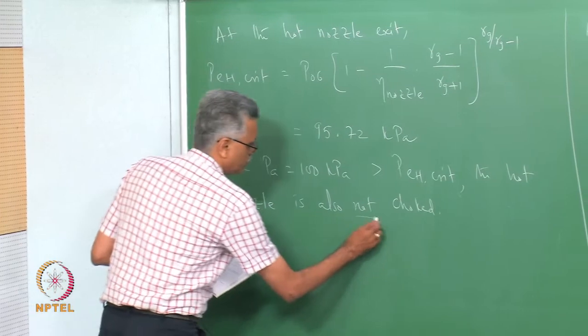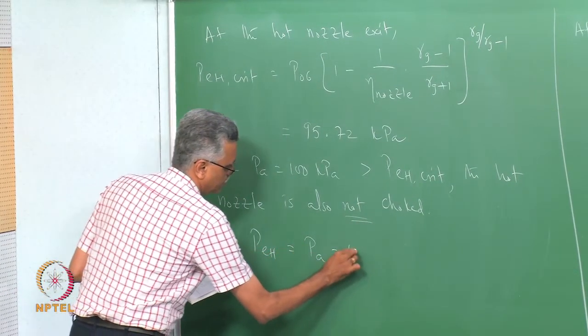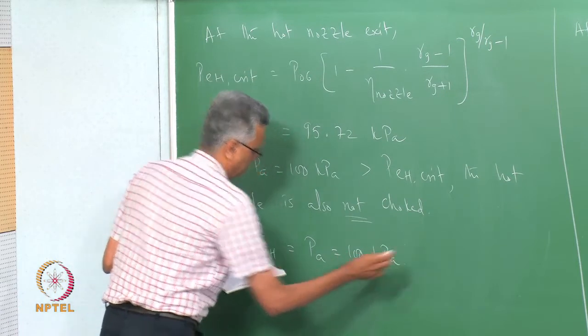Therefore, PEH is equal to PA, which is equal to 100 kilopascal.